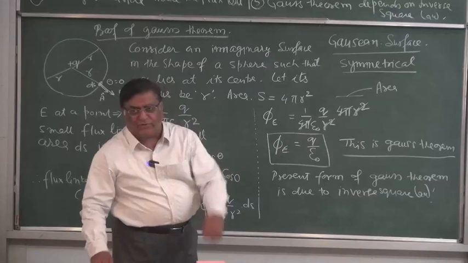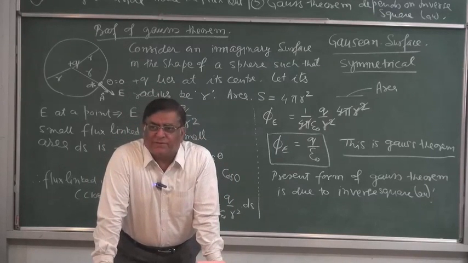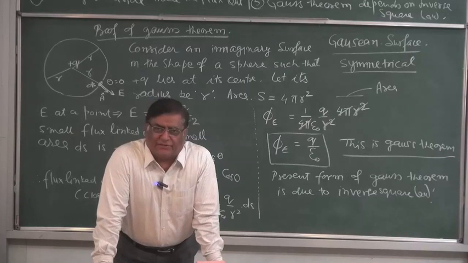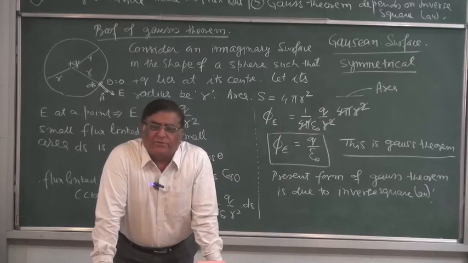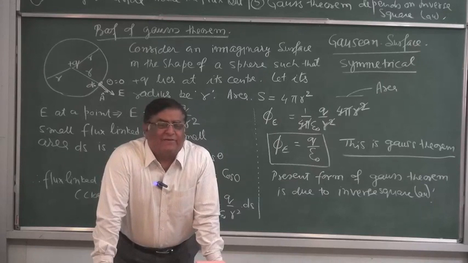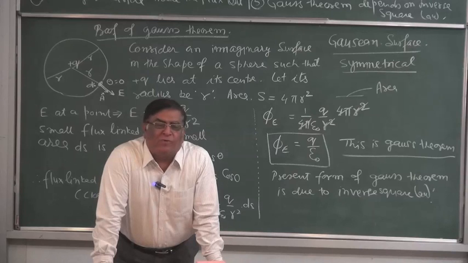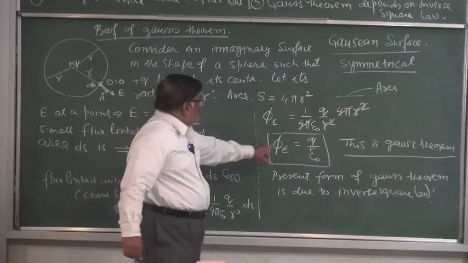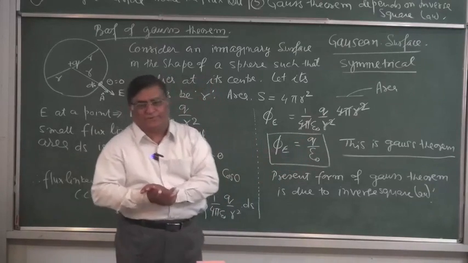Now this Gauss theorem has certain applications, and one of the applications is, if we know the flux, we can always find out the charge inside the surface. Like in the previous question, we knew how much the flux was. If that is known to us, then flux multiplied by epsilon naught gives the charge enclosed.